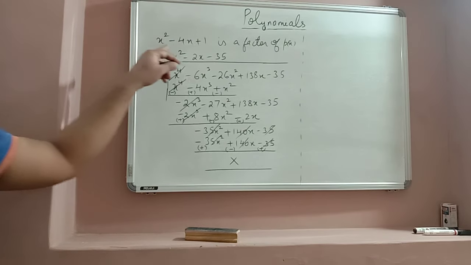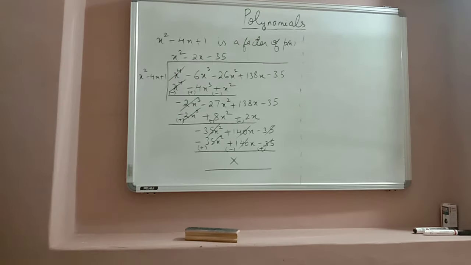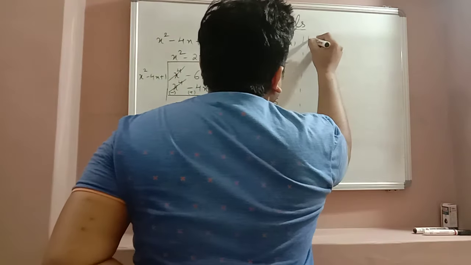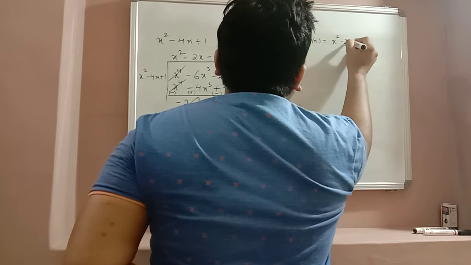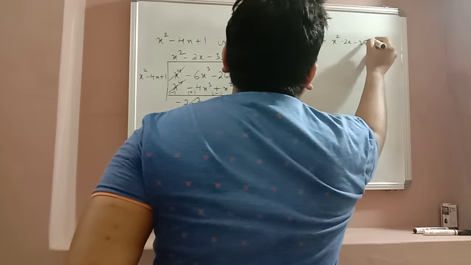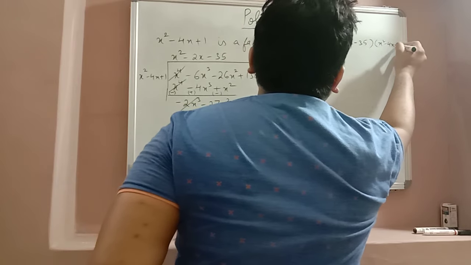And we got the quotient x square minus 2x minus 35. So I can write p of x as x square minus 2x minus 35 into x square minus 4x plus 1.